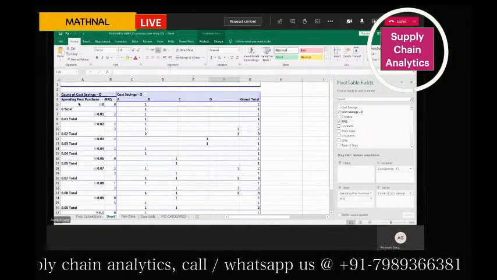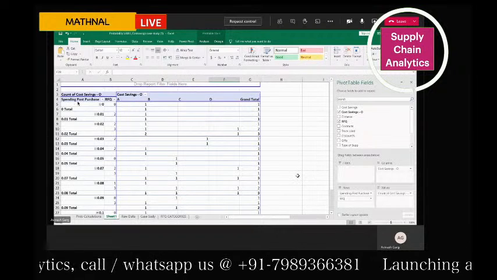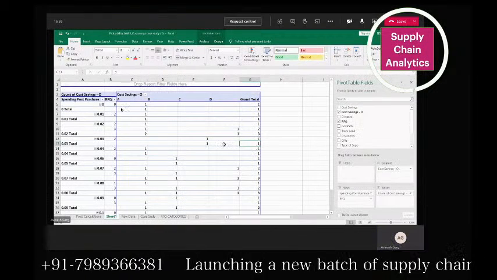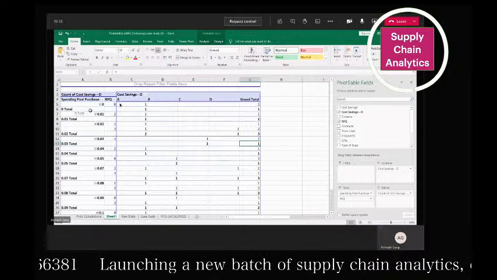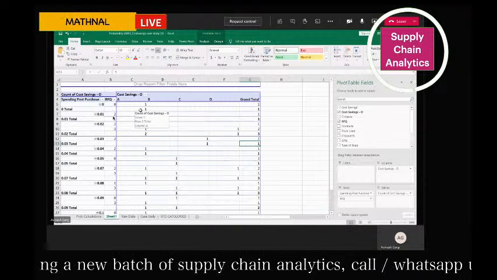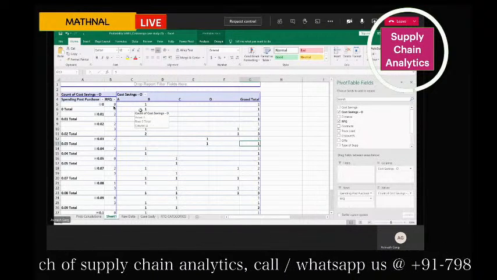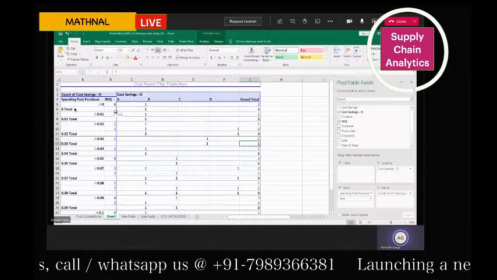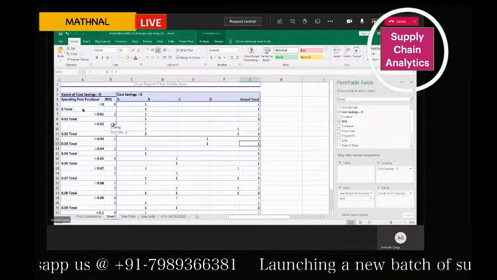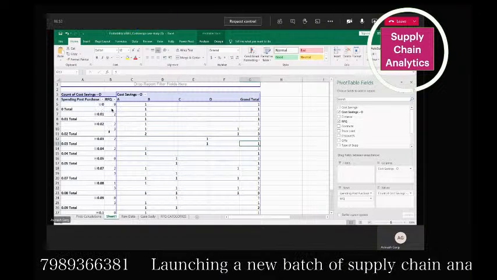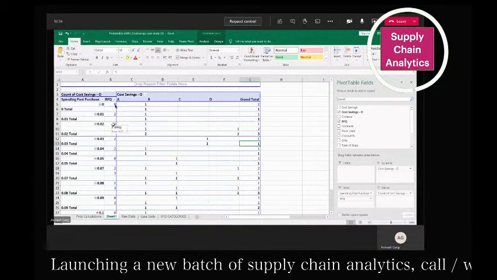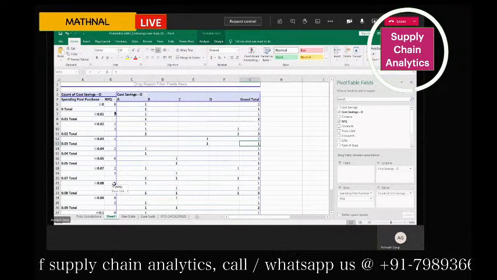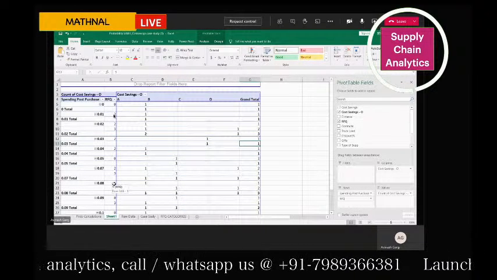Here what is happening is, under spending post purchase 0%, we have only one RFQ category, that is 0. Under 0.01, we have only one RFQ category, that is 2.